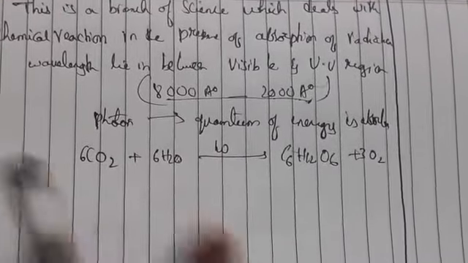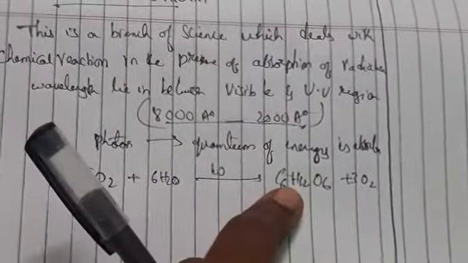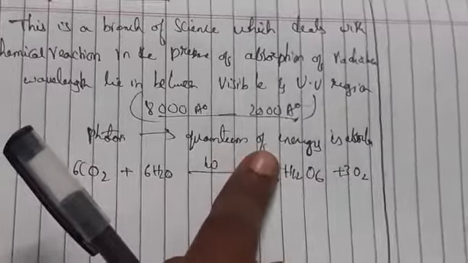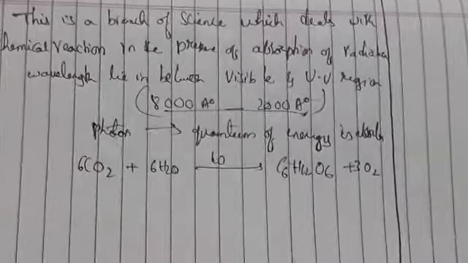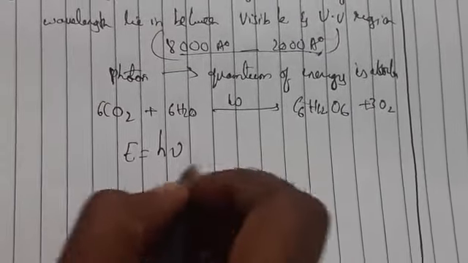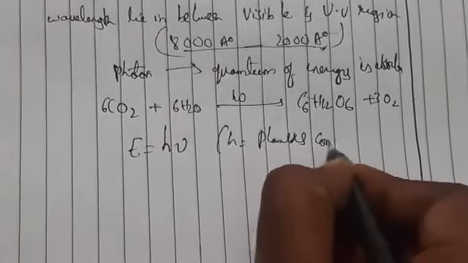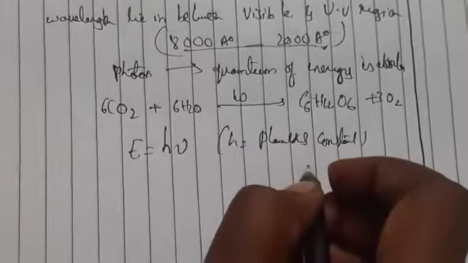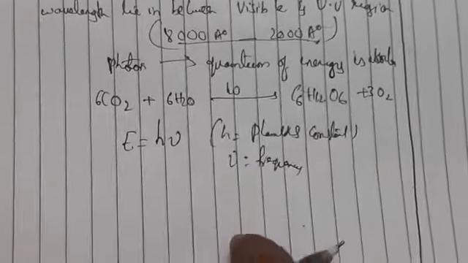The photochemical reaction depends on an outside source of energy. That's why absorption of radiation is always quantized, meaning a quantum of energy is absorbed, which we call a photon. The photon depends upon the frequency of radiation, so we write E equals h mu, where h is Planck's constant, E is energy, and mu is frequency.